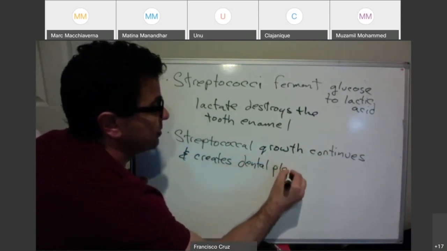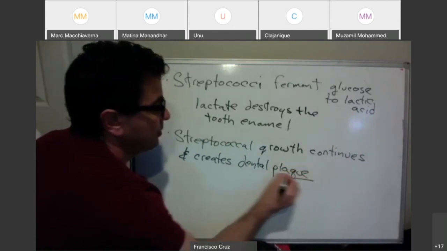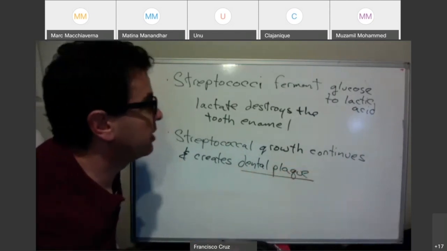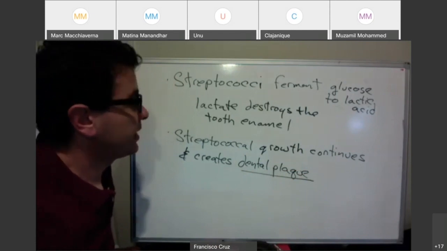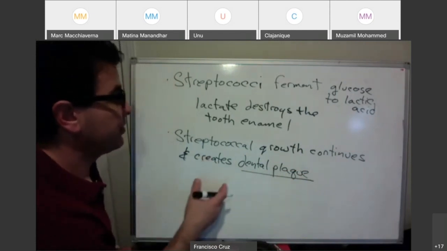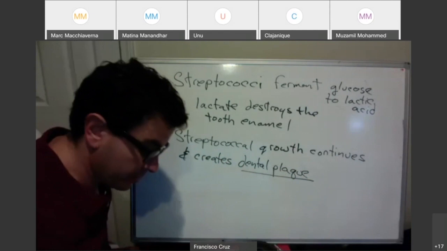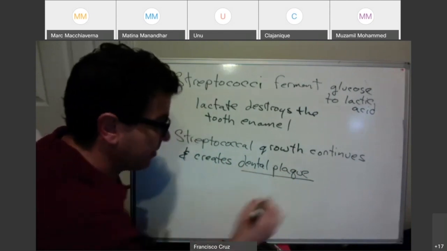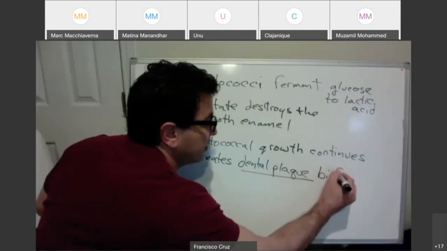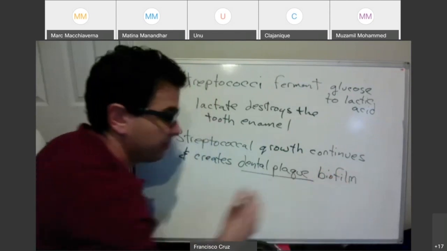So this is where we start to get in trouble. We're not in big trouble yet. We wanted to keep it at the biofilm level. Continue to grow, you'll get to a certain density, you'll have a dental plaque. And this is a different level of biofilm.